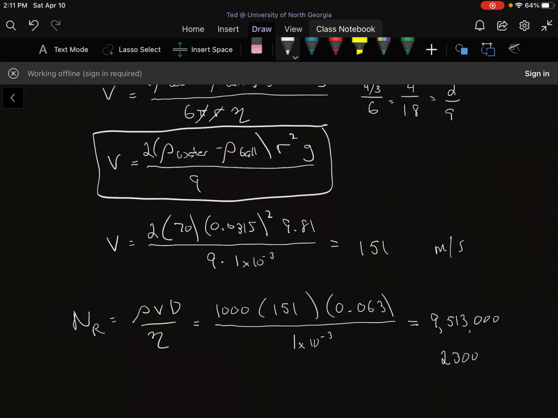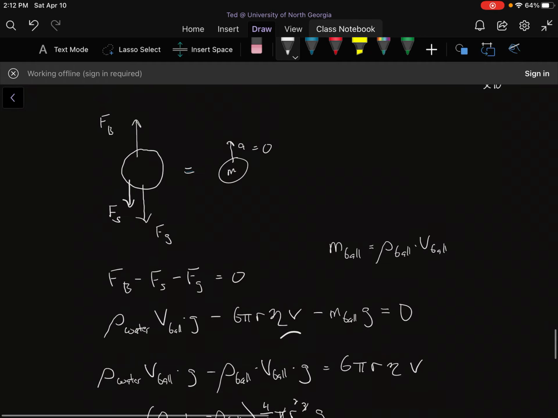Which means that if the ball was really traveling 151 meters per second, we would have massively turbulent flow, which means that this result is bullshit, because you cannot trust the result. This answer assumes that we have laminar flow. But this result shows that we wouldn't have laminar flow. And so that means that the answer can't be trusted.